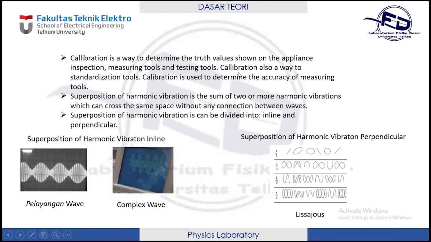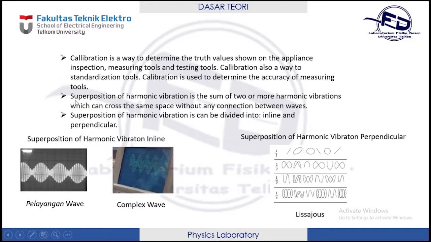For example, you have a measuring tool and you have to check whether the tool conforms to the standard. If not yet, we have to calibrate the tool to obtain the result which we want.